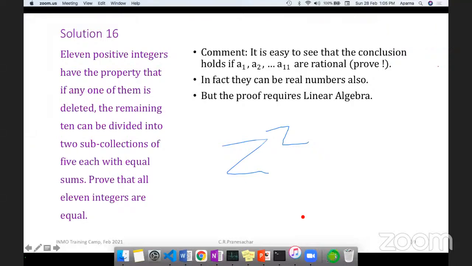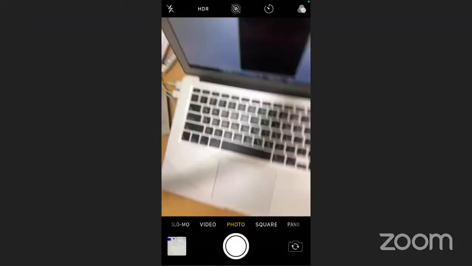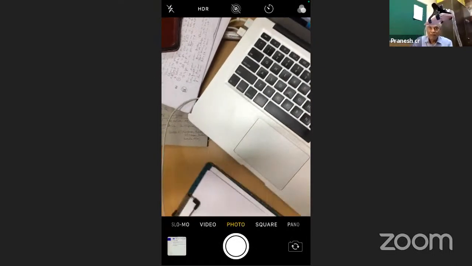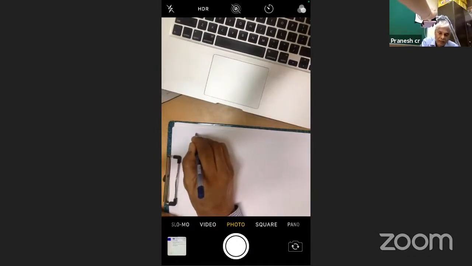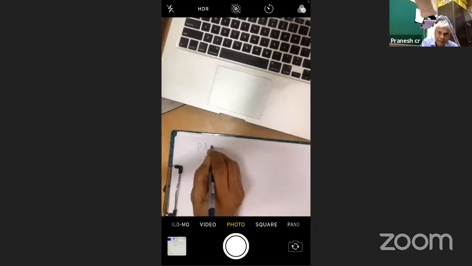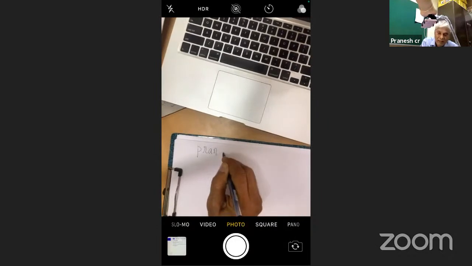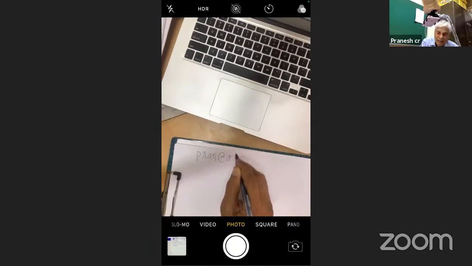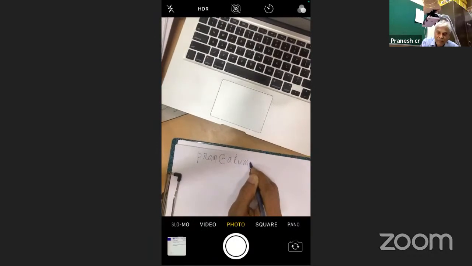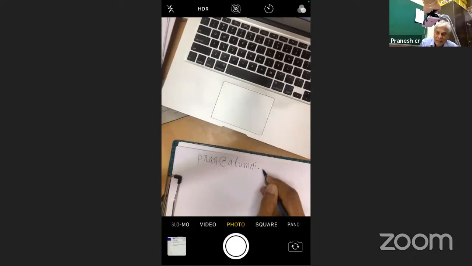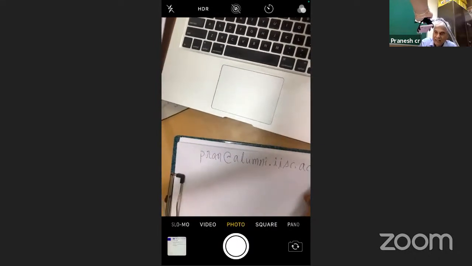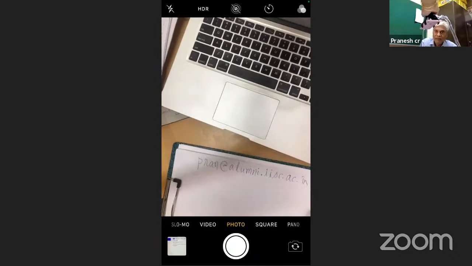Okay, sir, we can stop here. Sure, I'll just write my email. You can note it down. Pran at alumni dot IISC dot AC dot in.